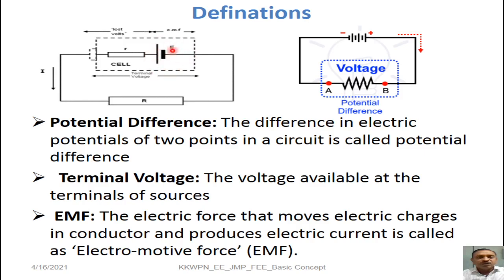So this electromotive force is responsible for the flow of current through the given circuit, that is the load resistance R. So electromotive force is the force that moves the electric charges, mostly electrons or in some cases positive and negative ions, to flow through a conductor or a given circuit.